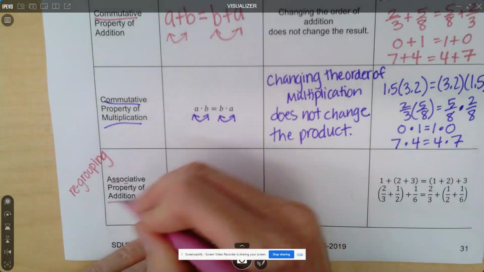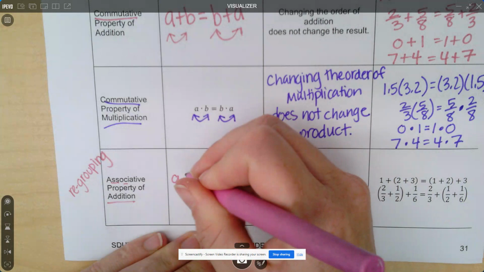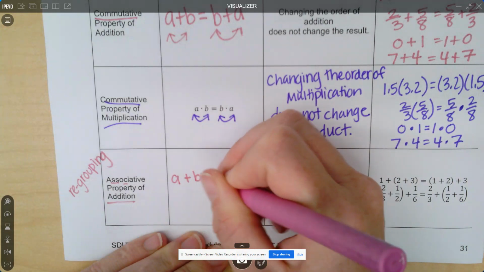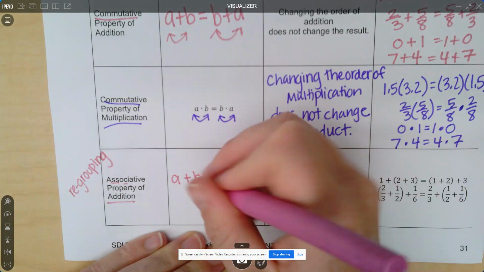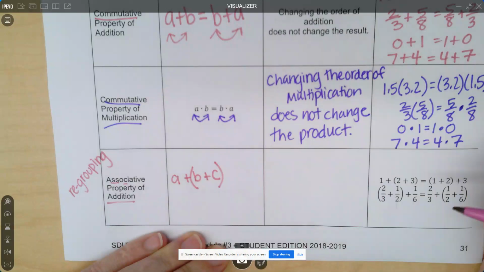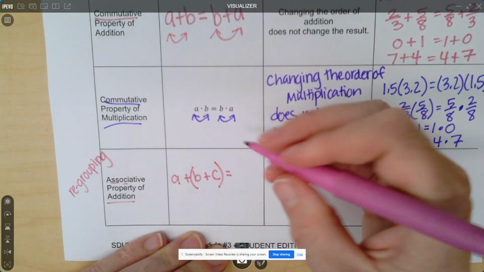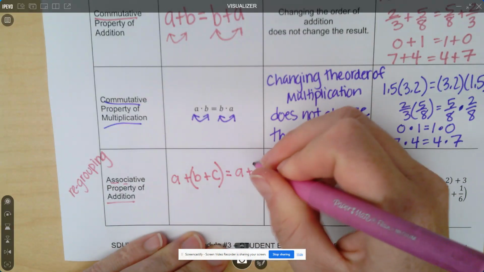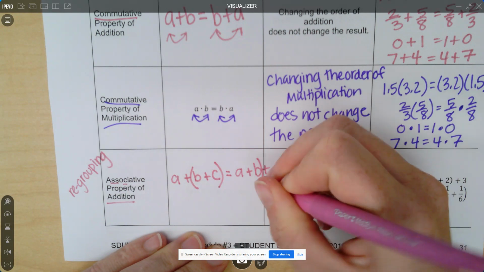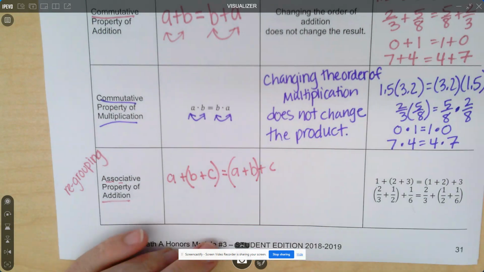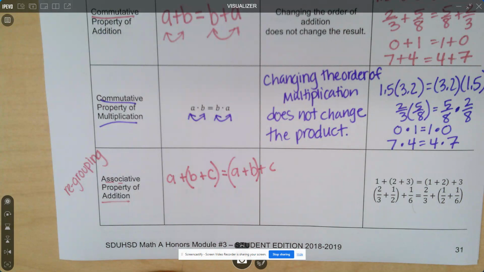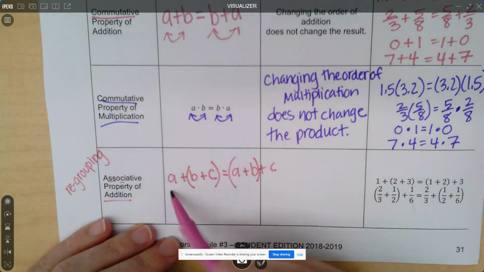So here with addition, if you have 3 terms being added together and 2 of them are grouped, we can change the grouping of what we add first and we still have the same result. So notice the order stays the same.